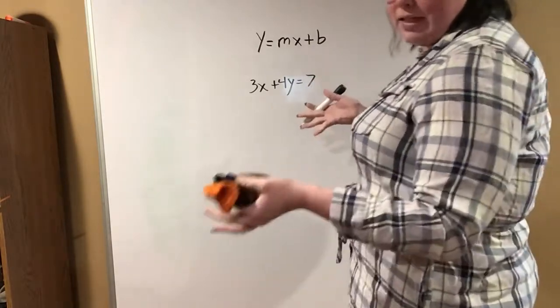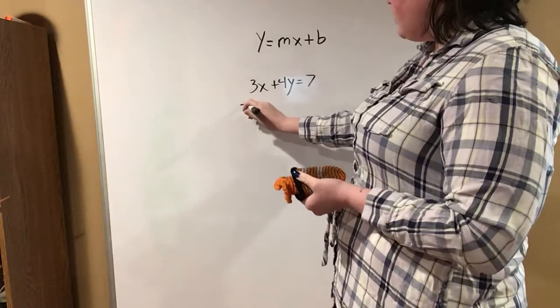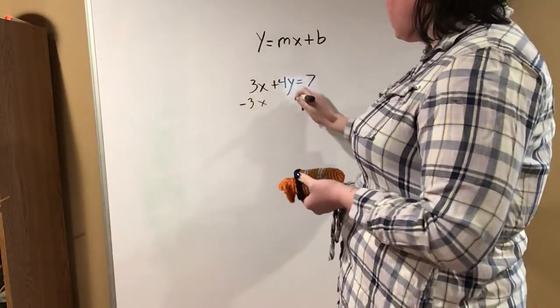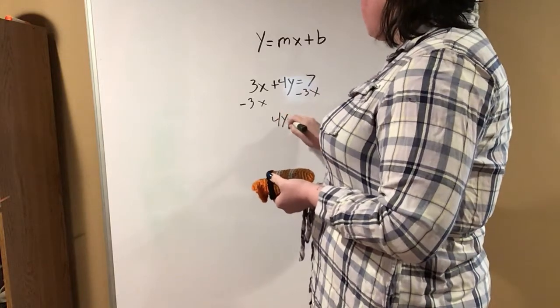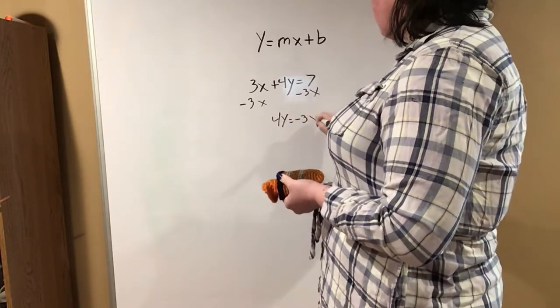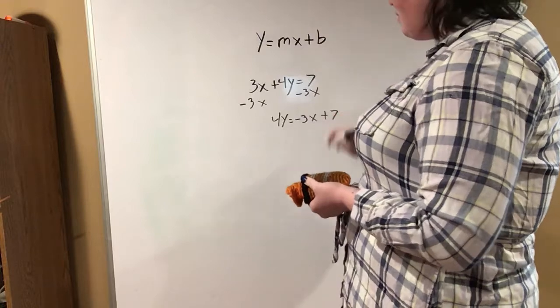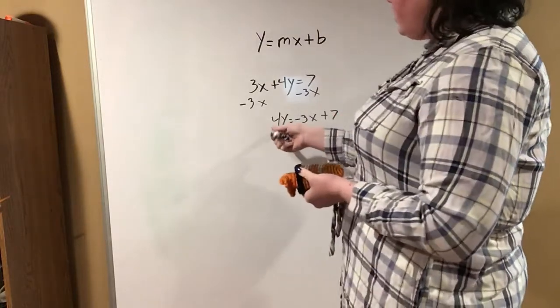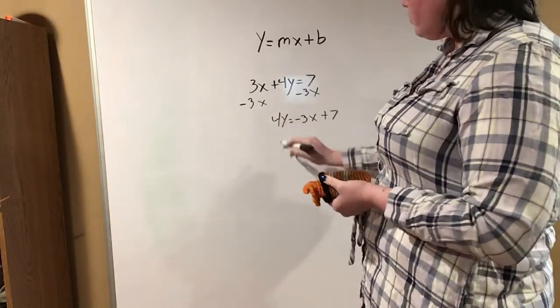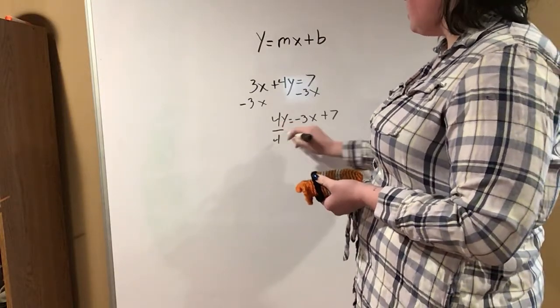Well, let's get everything attached to the y. So I'm going to minus my 3x. So I should have 4y equals negative 3x plus 7. Well, we still have to get rid of this 4. So everything gets divided by 4.